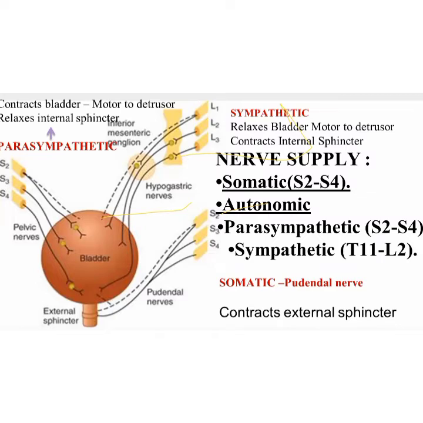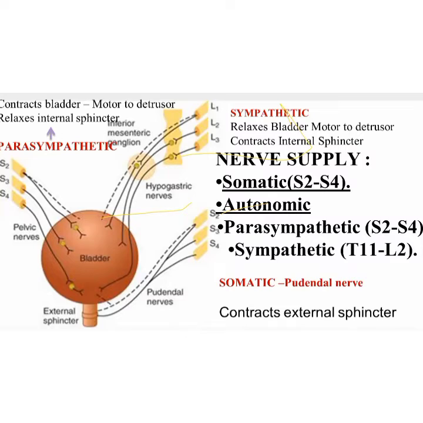The inferior hypogastric plexus acts on the internal sphincter, and the pudendal nerve acts on the external sphincter. The internal sphincter is involuntary, that is why it is controlled by the autonomic nervous system. So micturition is a reflex mechanism.